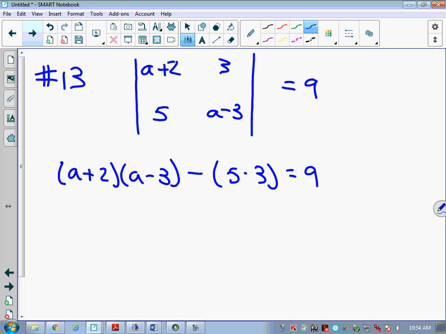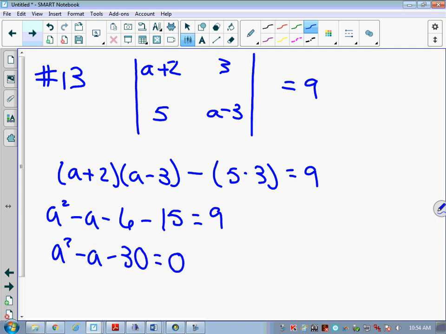We should get something like a squared minus a minus 6, minus 15 equals 9. We're going to move everything over into a quadratic, so you can take -6 minus 15 minus 9. You should get a squared minus a minus 30 equals 0.